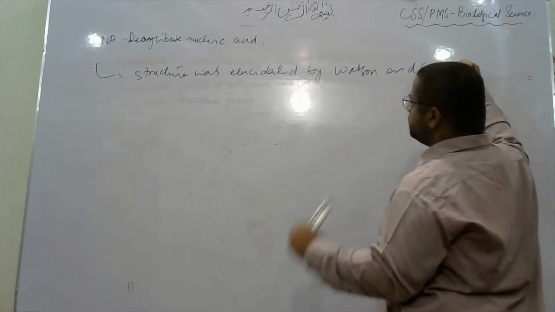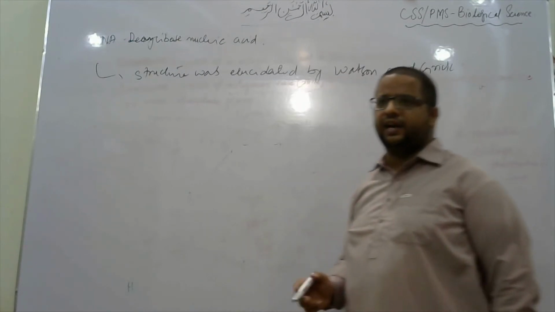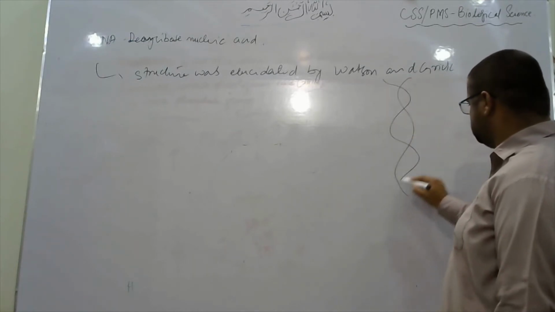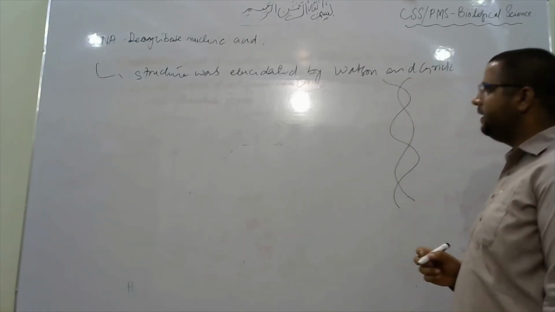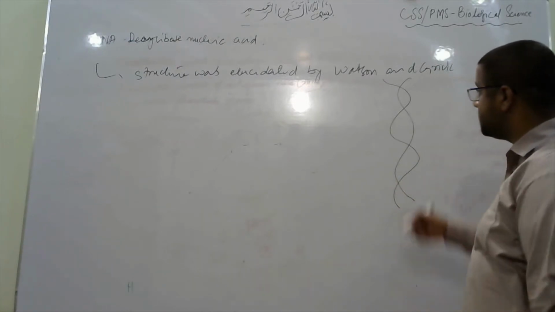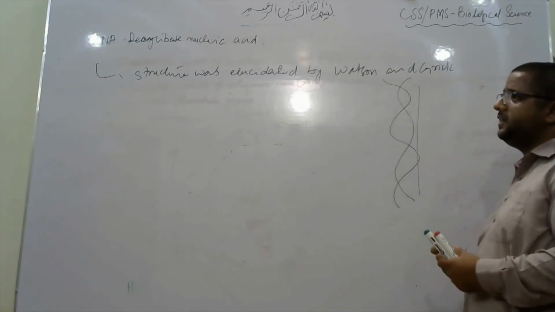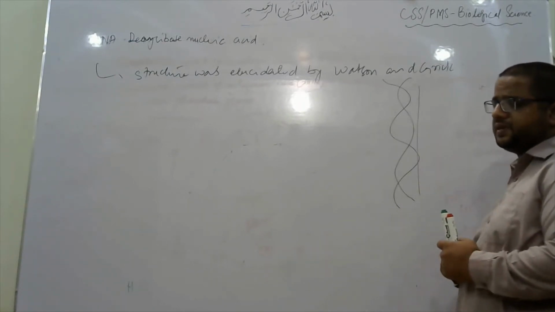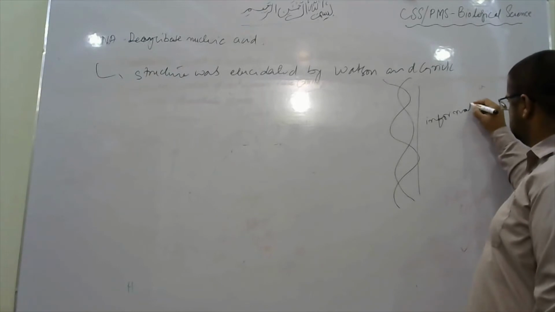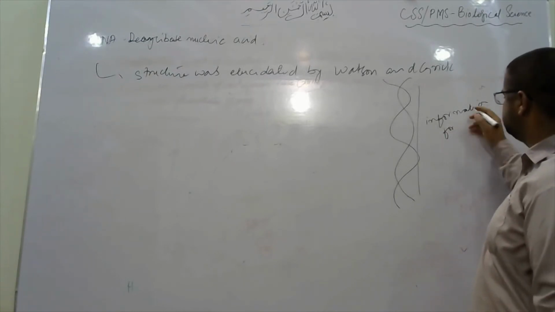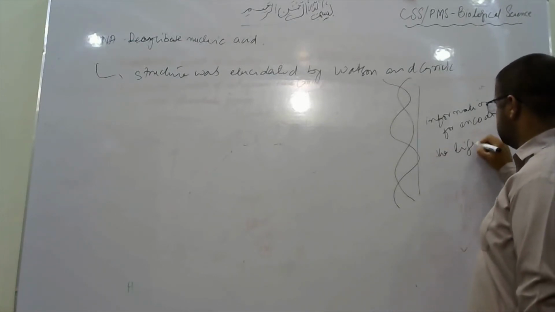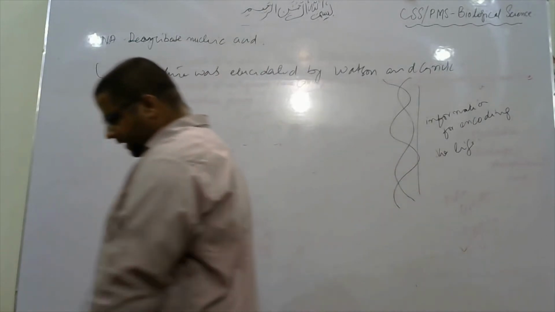These were the two scientists who found the structure of DNA. They found that DNA is a double helical structure present in the cell, which contains the information for encoding life. So it's a blueprint that encodes life.